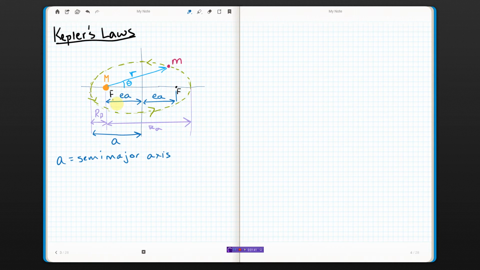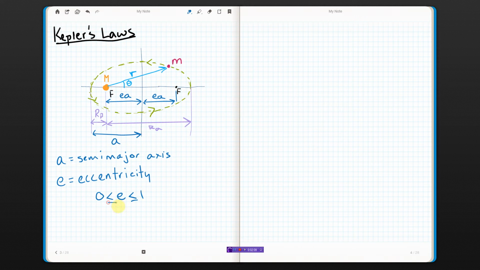Then we have the distance from the center to one focus is EA, where E is called eccentricity. I always spell this wrong. Eccentricity, where eccentricity is always some number between 0 and 1.